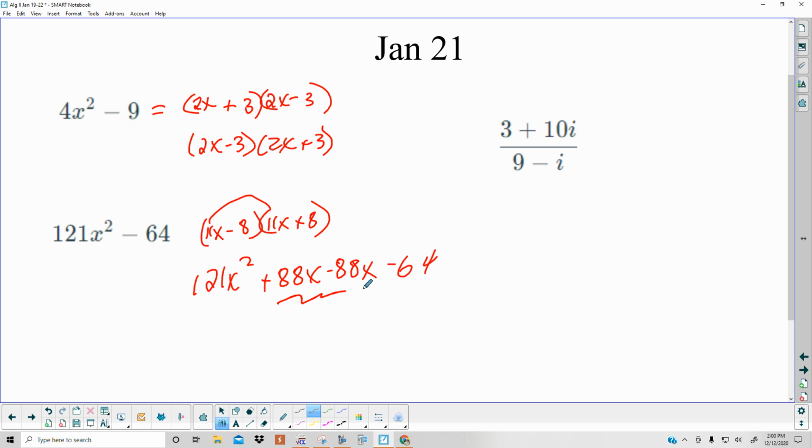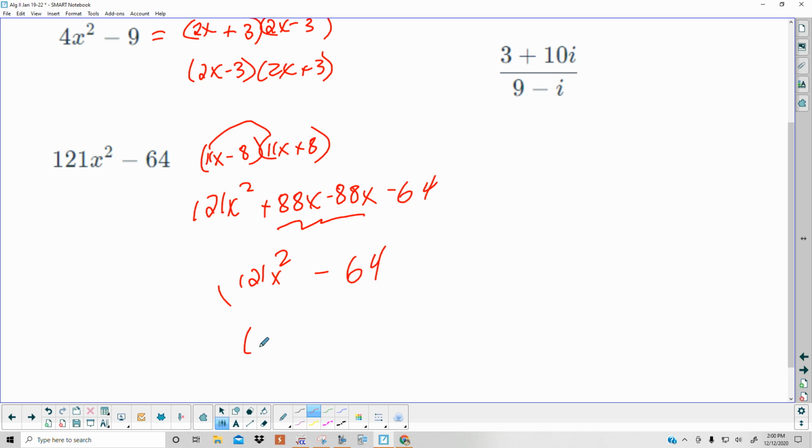The middle is always going to cancel out when you have this pattern. So you're left with something that's squared minus something that's been squared. So it's really 11x squared minus 8 squared. Something squared minus something squared, a difference of squares.